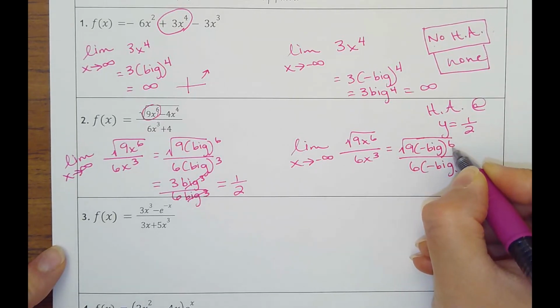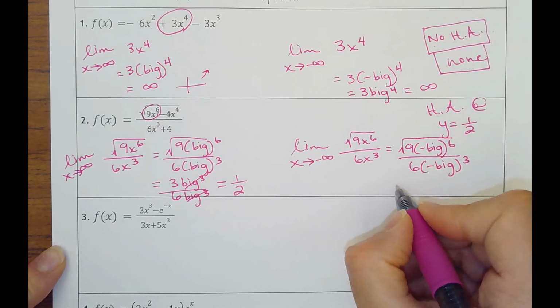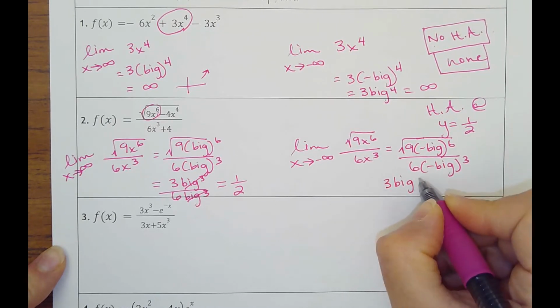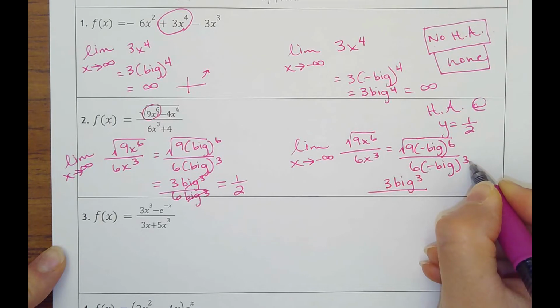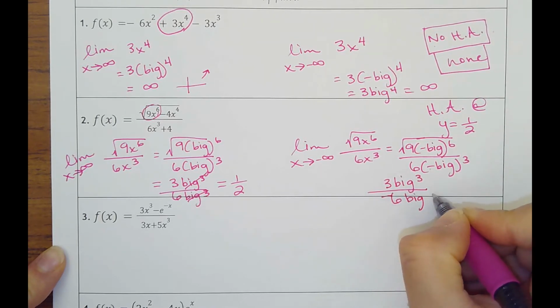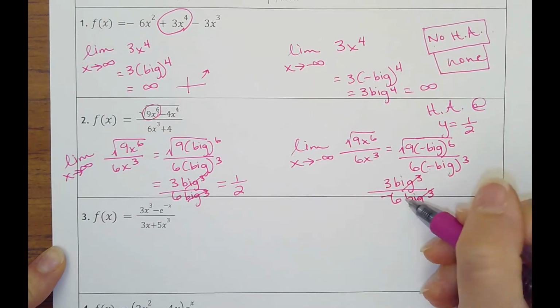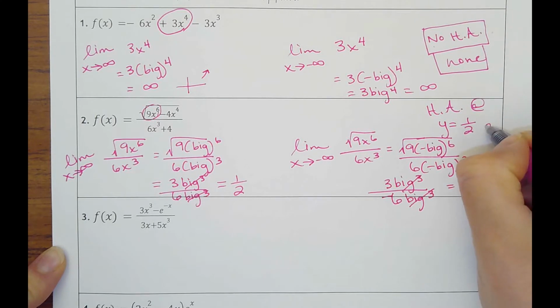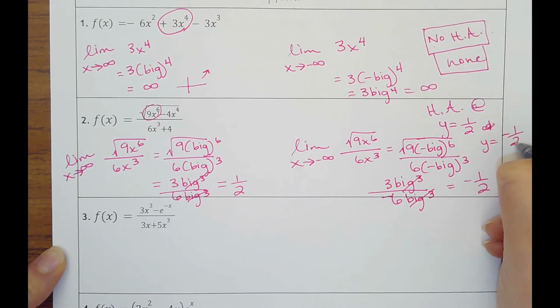This would become a positive, so all I have to do is take square root of 9, be 3 big cubed. Negative to the third power is negative, so this would be negative 6 big cubed. Cancel, cancel, negative 3 over 6 reduces down to negative a half, so there's 2 of them, at y equals a half and y equals negative 1/2.